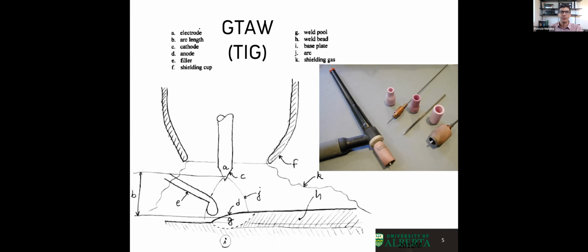And if it is automatic feeding, the wire can come in just as it is here, where the wire is not part of the electrical circuit, and you melt it with the arc, or you can have the wire touch the melt, and with a secondary power supply, you can preheat it using resistor heating. This is what is called hot wire, which we'll discuss in a second.